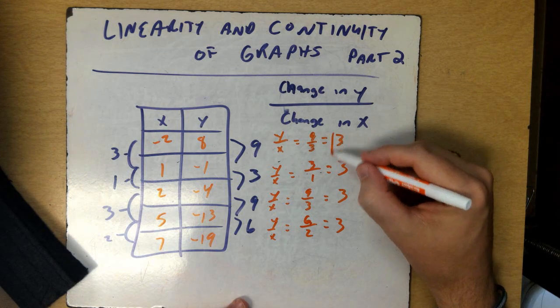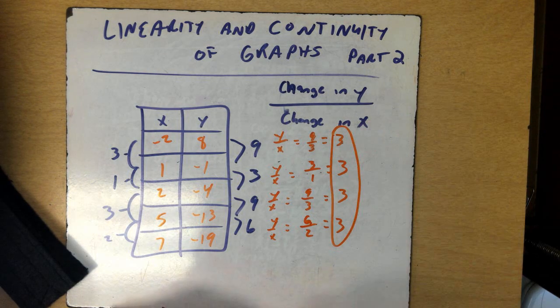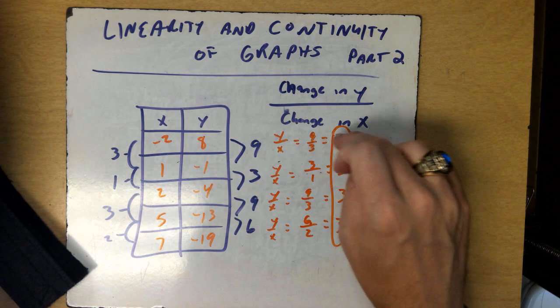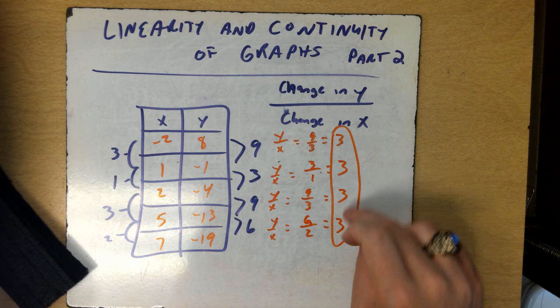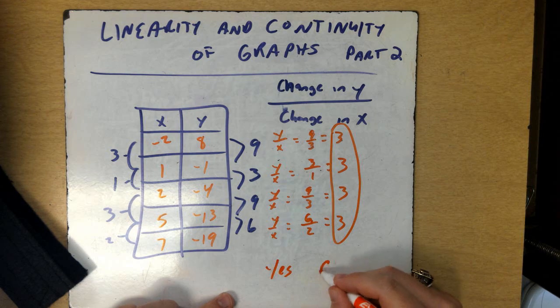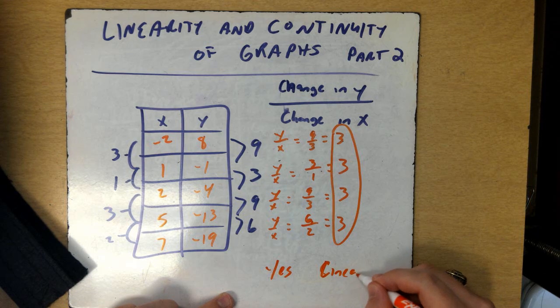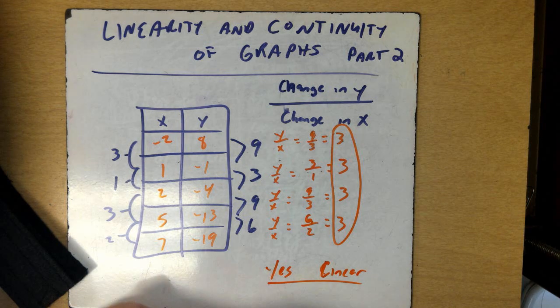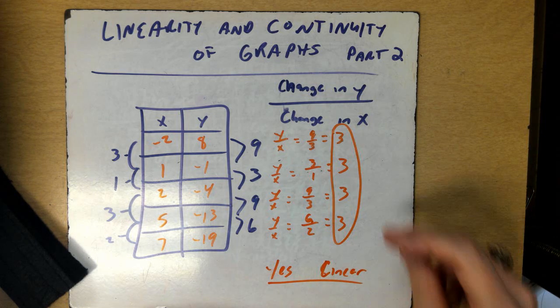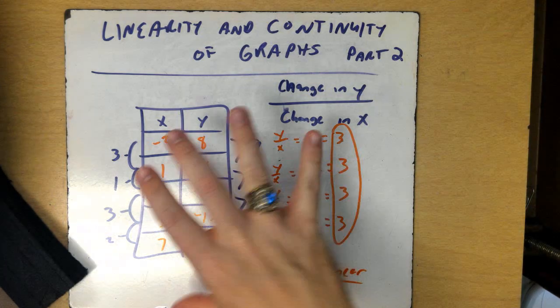So each time, the division gives 3. This is why, yes, it's linear, because it's consistent; it's all the same number.